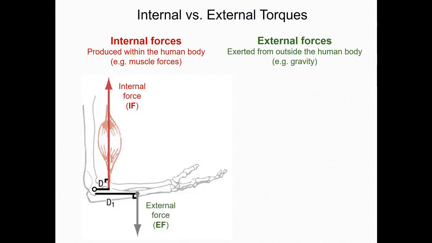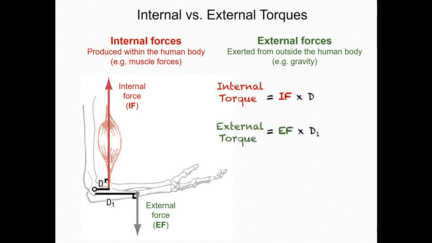In the diagram here, we see the internal force that is acting at a distance d from the axis of rotation, and an external force that is acting at a distance d1 from the axis of rotation. The internal torque is equal to the internal force multiplied by the length of the moment arm d.